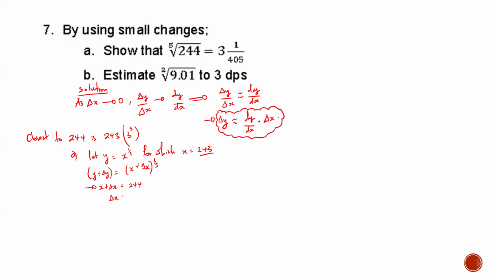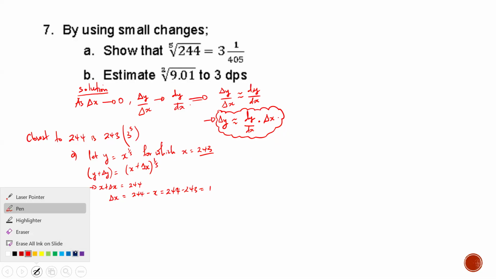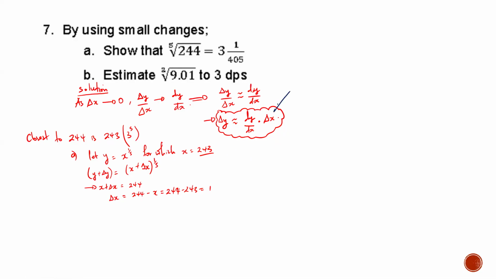And therefore, delta x is equal to 244 minus 243. That's 1. So we already have one of the parts for this expression, that's the delta x.